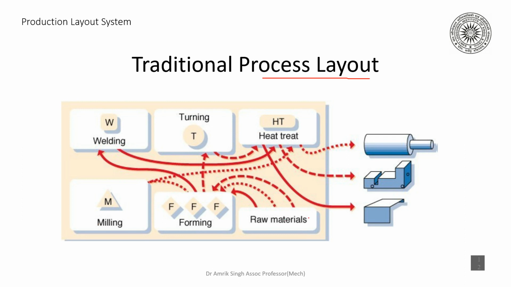Suppose the raw material goes to the forming section, from the forming section it goes to welding, and from welding to heat treatment, and then we get this type of order. That means it can go from any section to any section. So the machines are laid down according to the process.